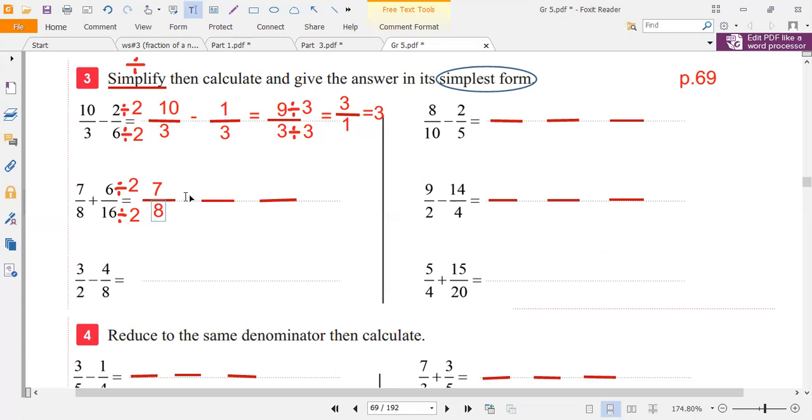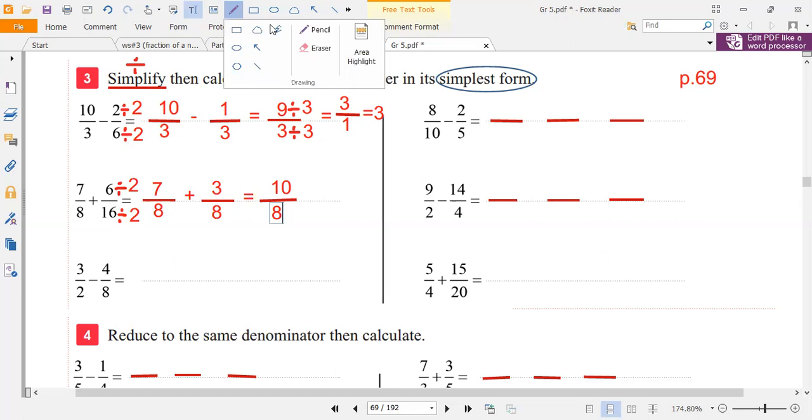We have a plus. The second fraction will be 3/8. Now they have the same denominator, so we can add these two fractions. 7 plus 3, 10, and we keep the denominator. We get 10/8. Now we see if we can simplify the answer.